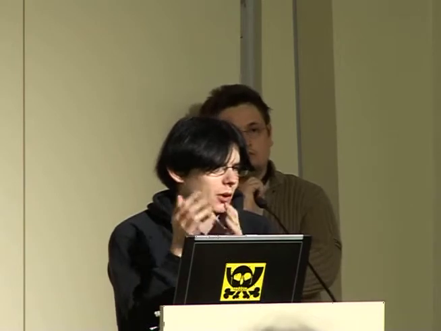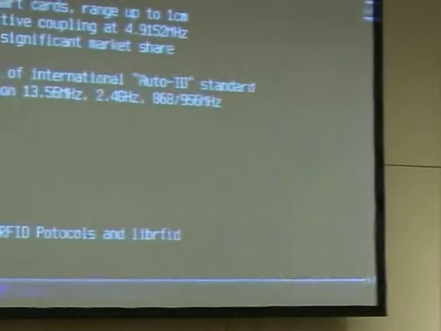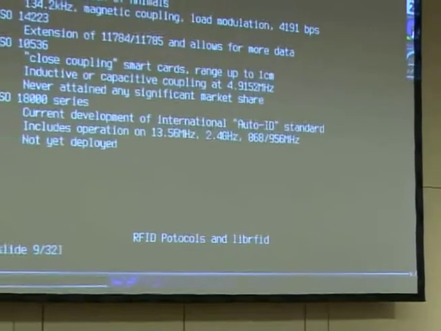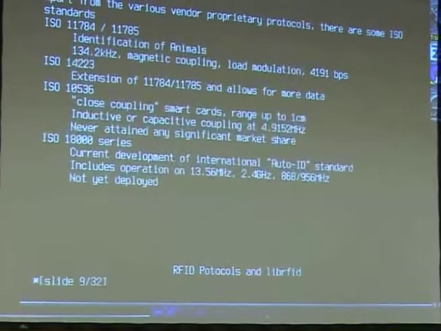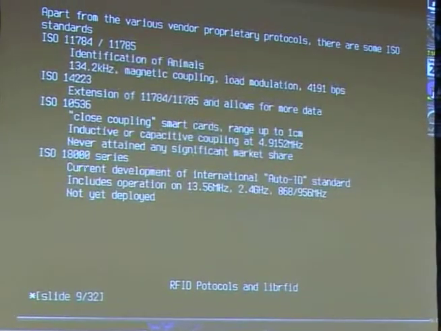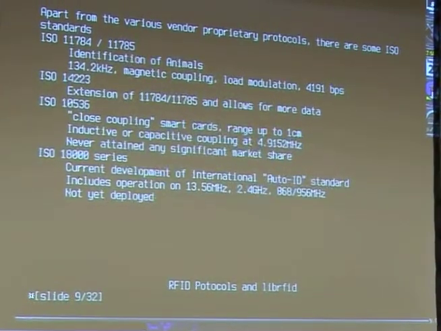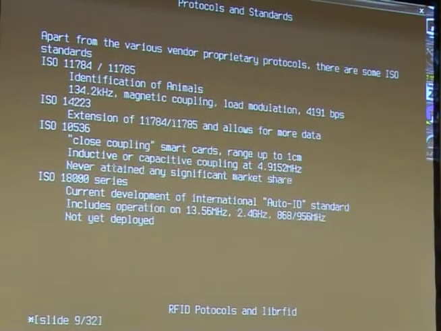A couple of standards, real standards as in openly documented international standards that we have in the RFID area, are listed here. There's ISO 11784-785, which is used for identification of animals. So for example, here in Berlin, if you register a dog, then that dog has to have an RFID transponder implanted in case the dog is found somewhere, so that the owner can be located.